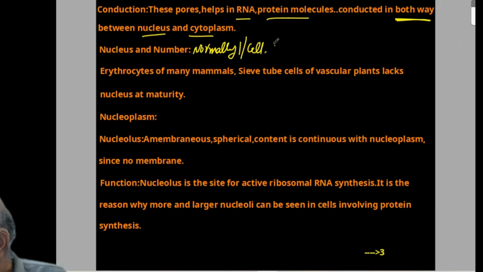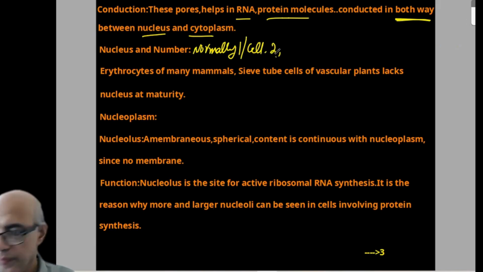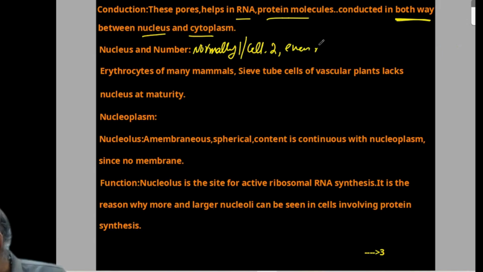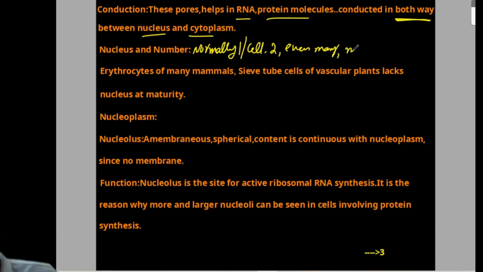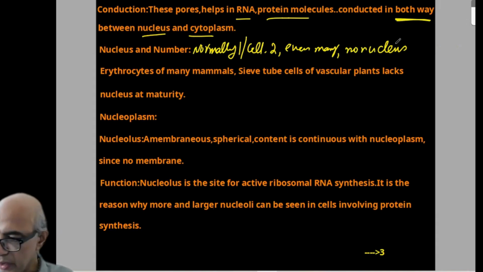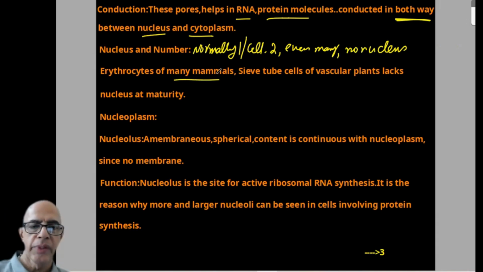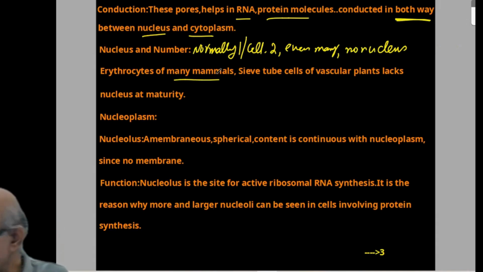Then 2 nuclei can be seen, even many nuclei can be seen, as in syncytium. Even there is a stage with no nucleus. Erythrocytes of many mammals and sieve tube cells of vascular plants lack a nucleus at maturity.